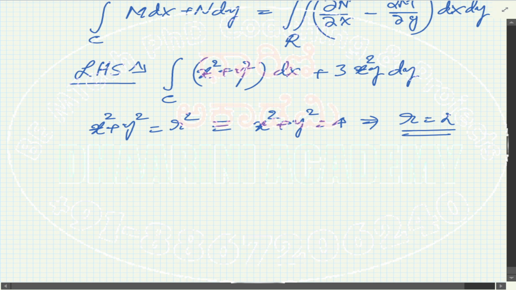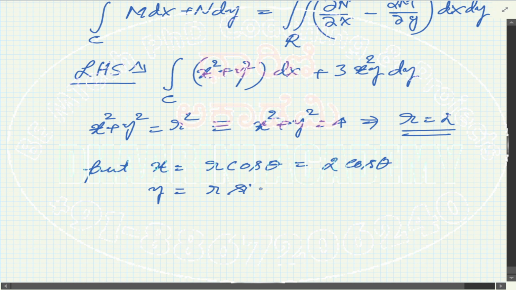So we put x equal to r cos theta, so that is equal to 2 times cos theta, and y is equal to r sine theta, so this is equal to 2 sine theta. For a circle, theta is between 0 and 2 pi.